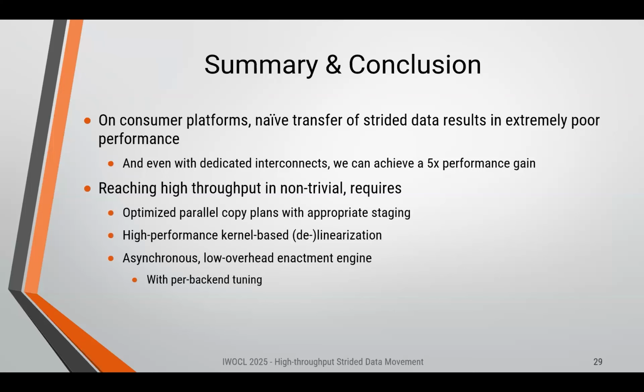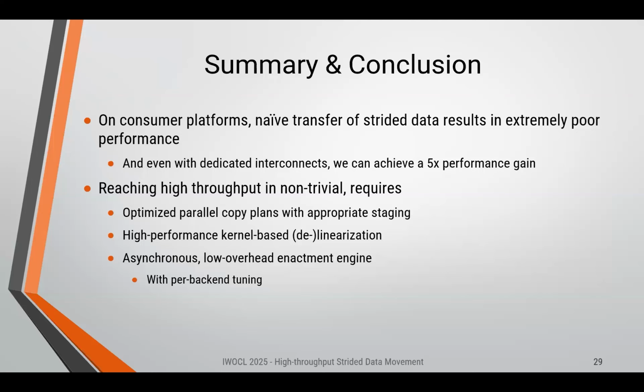But doing that is not really trivial, at least compared to what you set out to do, which is moving a few bytes. And so what you need is some optimized parallel copy plans that do appropriate staging for the hardware and the interconnect.